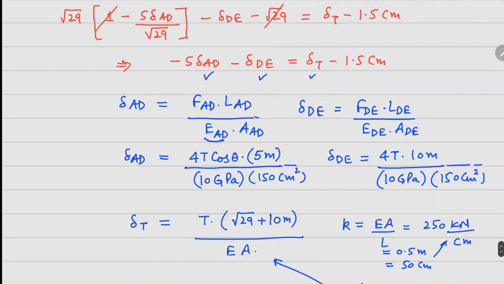So now you can see that all the terms in this equation we have expressed in terms of T. So T is the only value that is unknown in this equation right here.